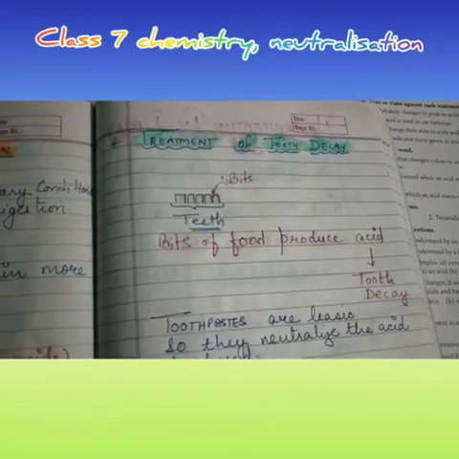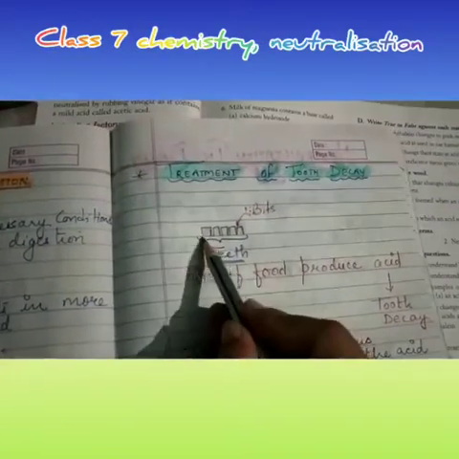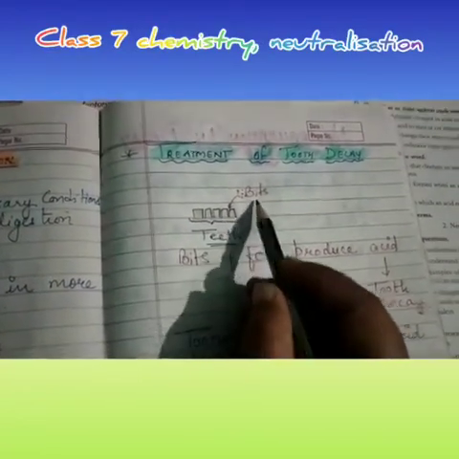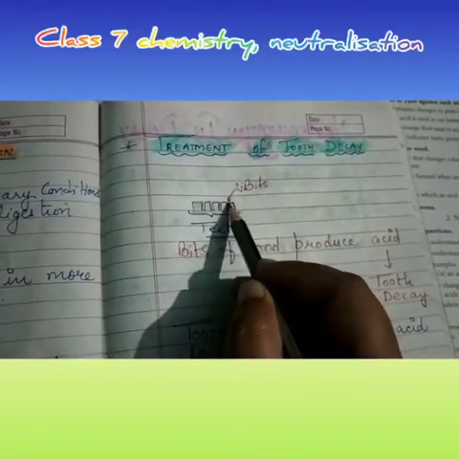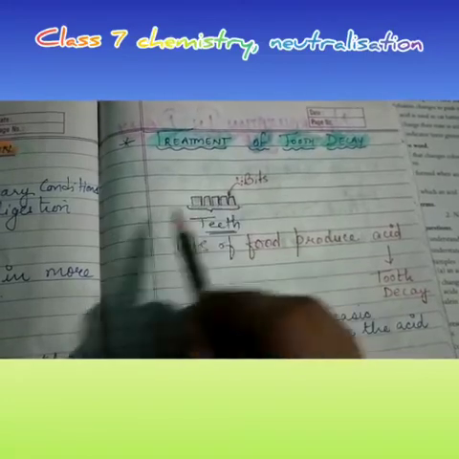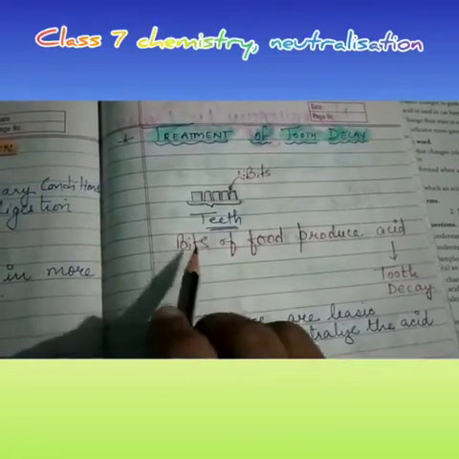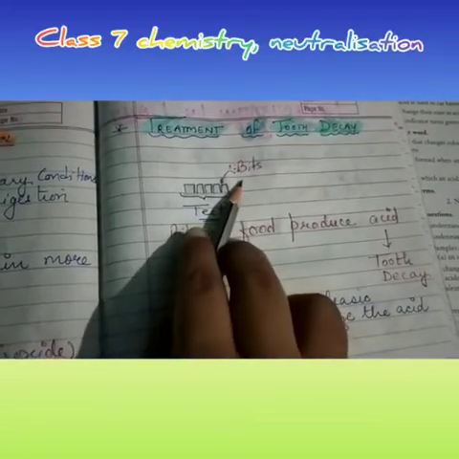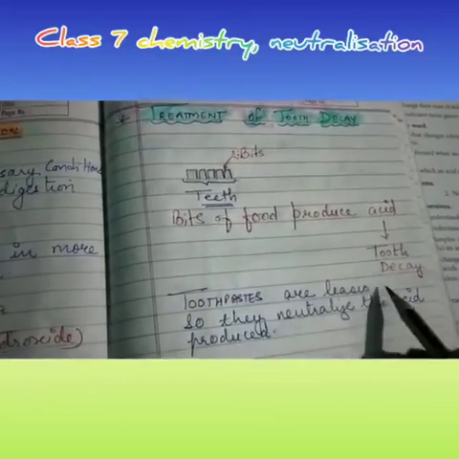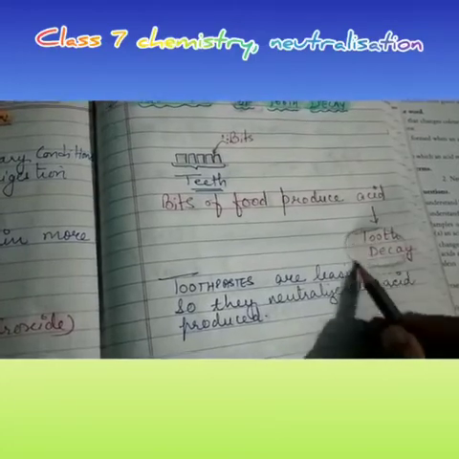Next is the treatment of tooth decay. See, suppose these are the teeth, human teeth. When we eat food, bits of food get trapped in the spaces between the teeth. Now, these bits of food produce acid, and that acid is responsible for tooth decay.